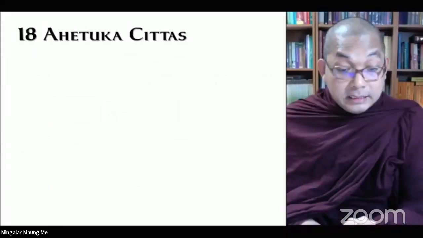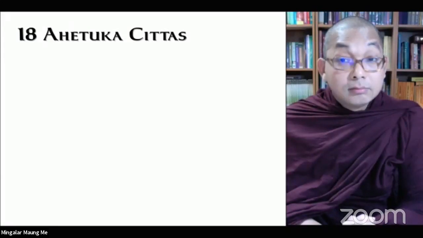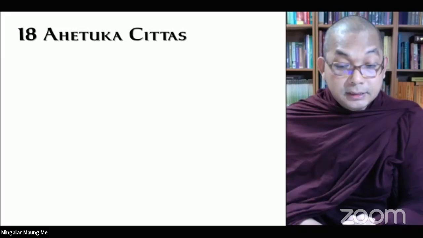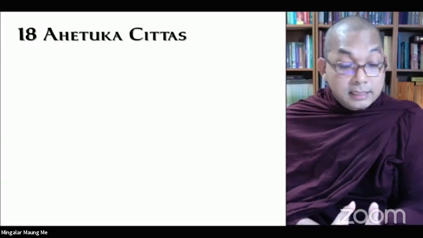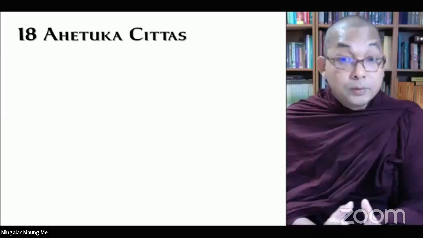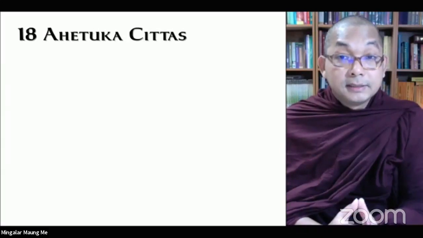So we have 18 Ahetuka cetas. Now we'll talk about the 18 Ahetuka cetas with a different name, because in the second and third chapters, sometimes we will encounter different usage regarding Ahetuka cetas.